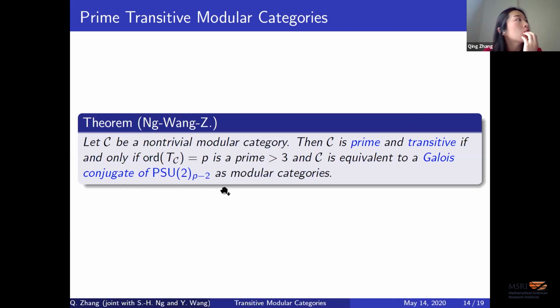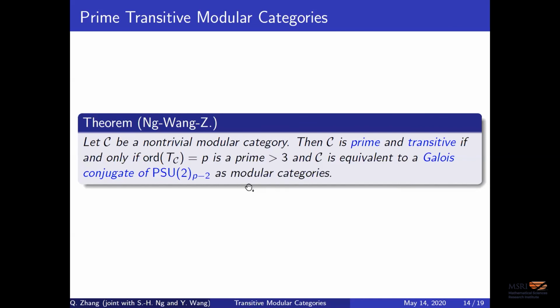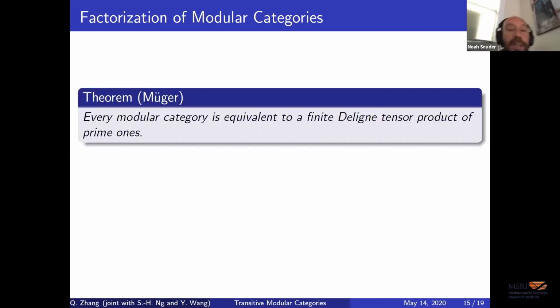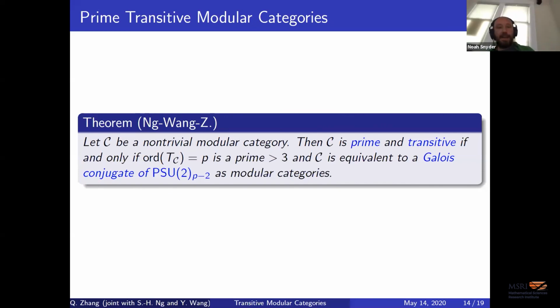If P is 2, then from the representation, we know it corresponds to trivial ones, which we don't care too much about because you only have one simple object. So for sure, it is transitive. I think it's not assumed here that P is not equal to 2; it's a conclusion of the theorem. Conclusion, got it. Great. So this says there are none with P equal to 2. I mean, the trivial one doesn't actually have P equal to 2 because the order is 1.